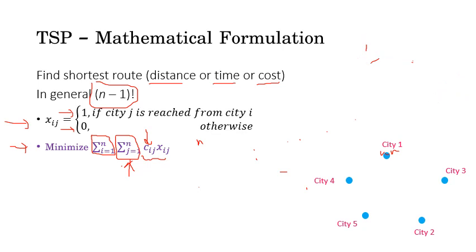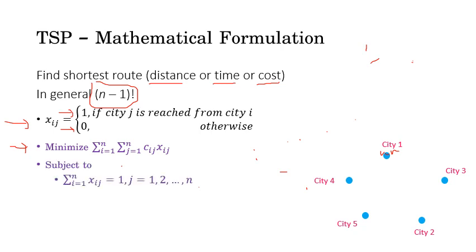Okay, and this objective function is subjected to the following constraints. The first constraint is summation i equals 1 to n of xij equals 1, and this summation has to be repeated for every j, for j from 1 to n.